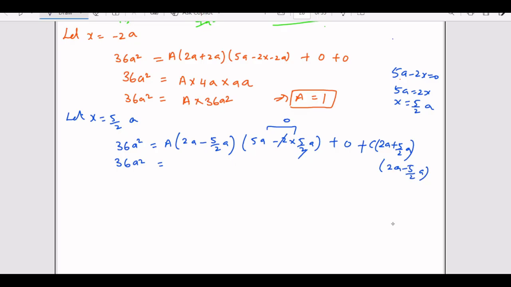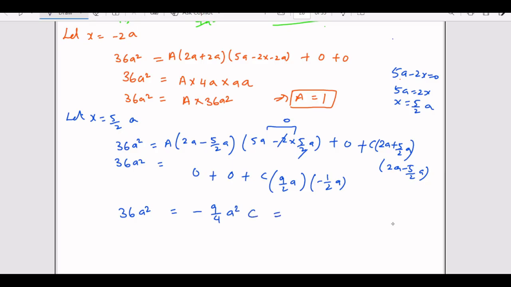So this is becoming 0, this is becoming 0, the second term is already 0, and then we are left with this one. So this is going to be c into 9 over 2a and minus 1 over 2a, right? So this is 36a squared equals to negative 9 over 4a squared c. So this will give us the value of c.